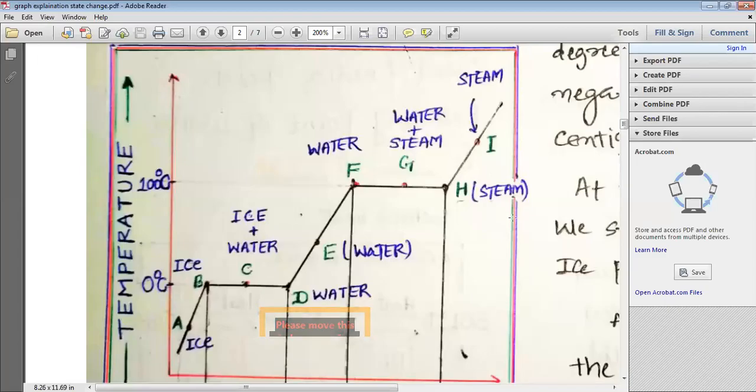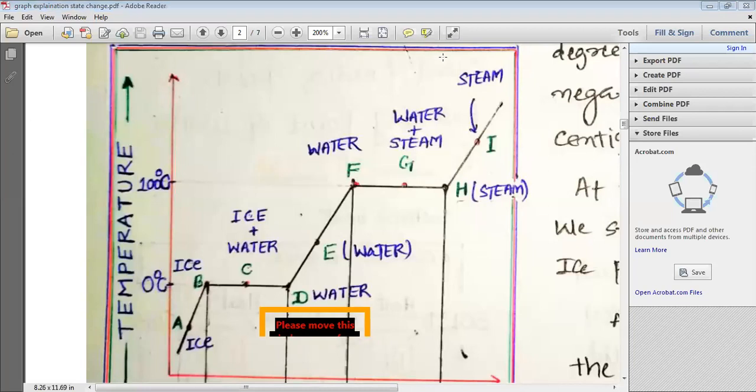We have been studying the revision of the change in the states of matter, like solid, liquid and gases.